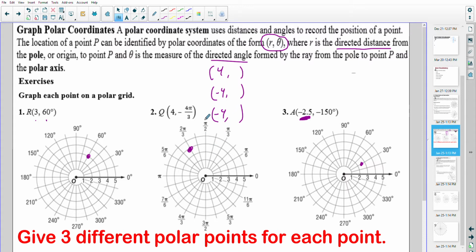All 4 points you can graph by positive, negative, 2 positive and 2 negative. For example, if I go this direction, the positive direction, and go positive 4, I know that's going to give me the angle of 2 pi and the directed distance of 4. So it's 4, 2 pi over 3.